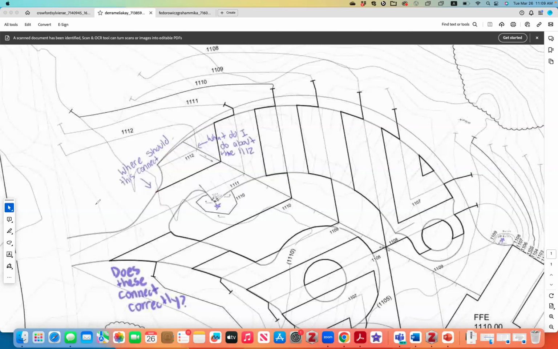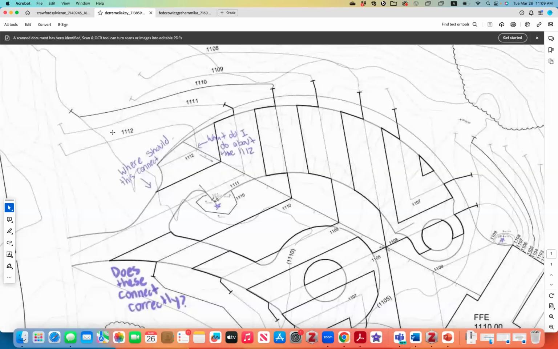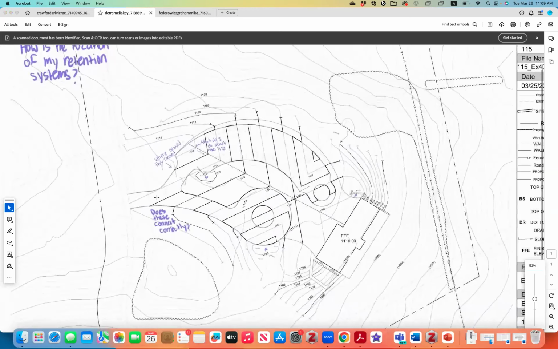Let me zoom out again a little bit. I think this is sort of where all the lines start to split off without an ending there.